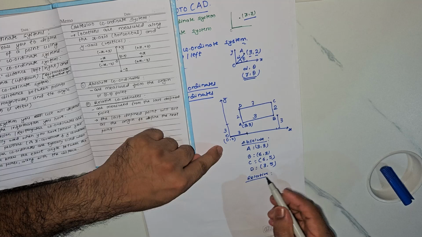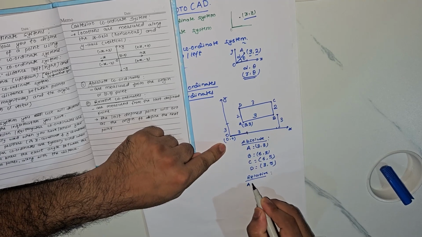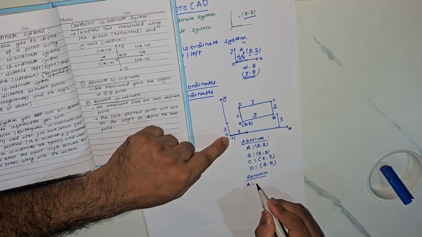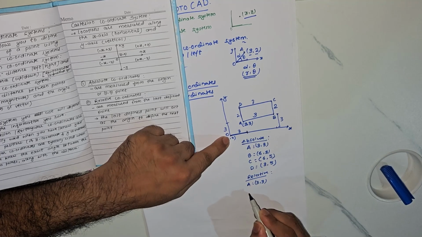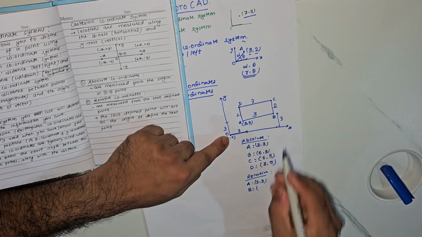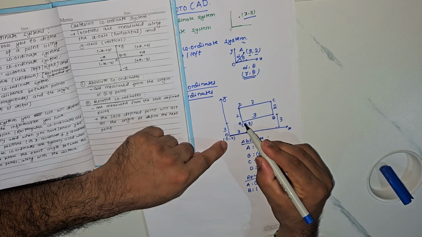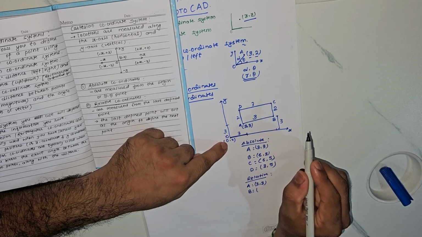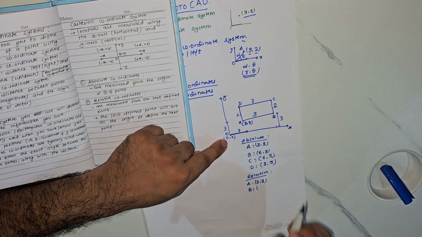Okay, so let's see for relative. For A, the coordinates will be the same, 3 comma 3, because it will be measured from the origin. Now for B, the coordinates of B will be relative to A. That's why it is called the relative coordinate system.